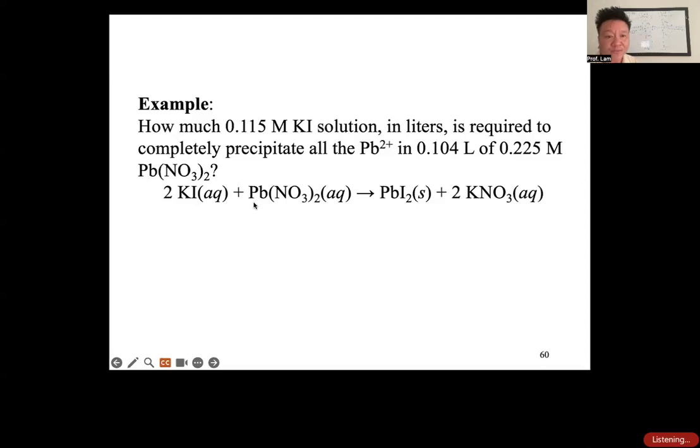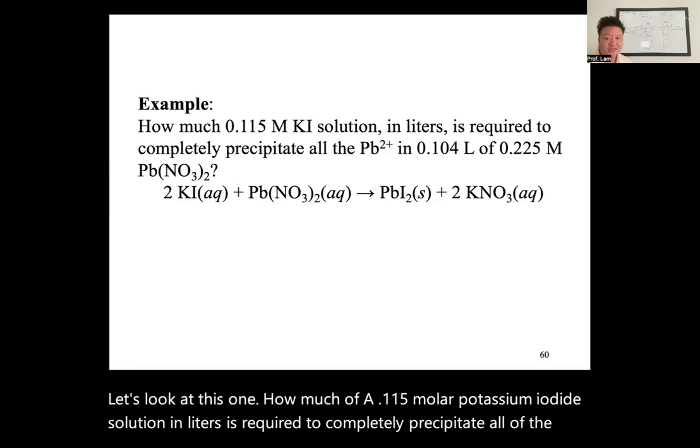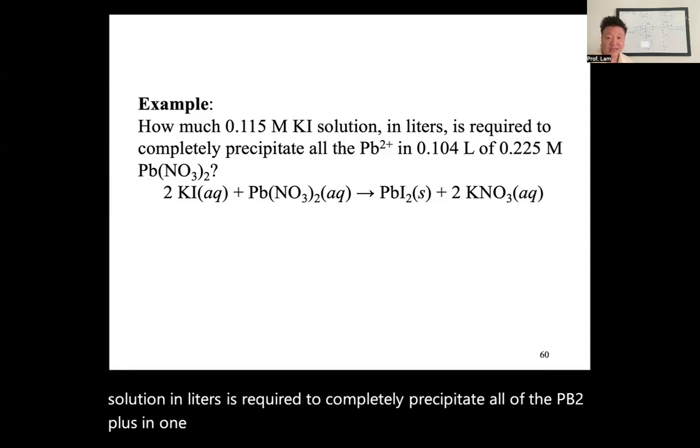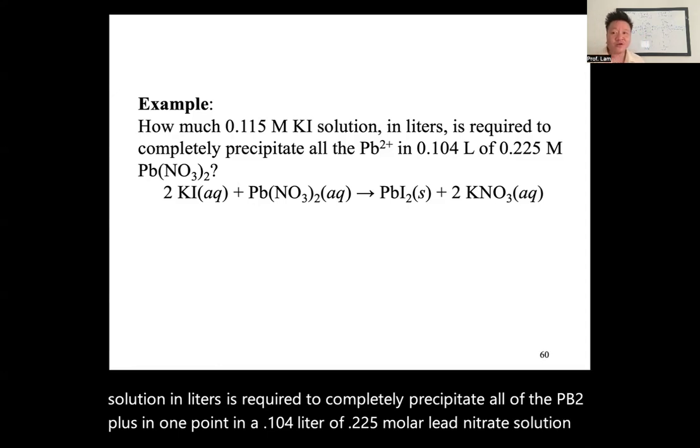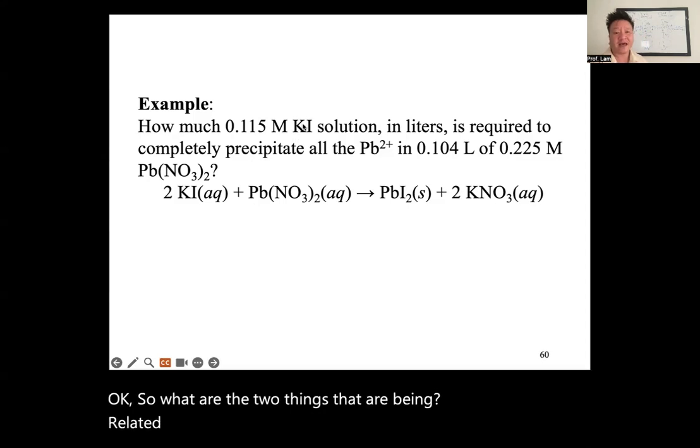Okay, let's look at this one. How much of a 0.115 molar potassium iodide solution, in liters, is required to completely precipitate all of the Pb2+ in a 0.104 liter of 0.225 molar lead nitrate solution? So what are the two things being related here? KI and Pb(NO3)2.